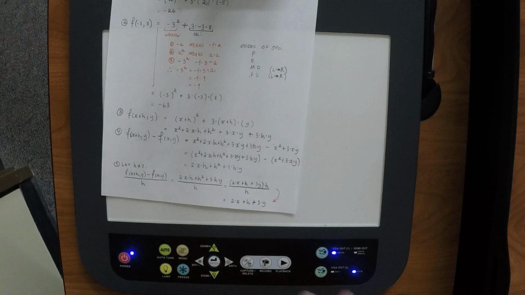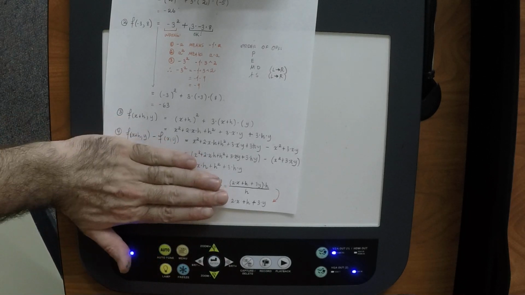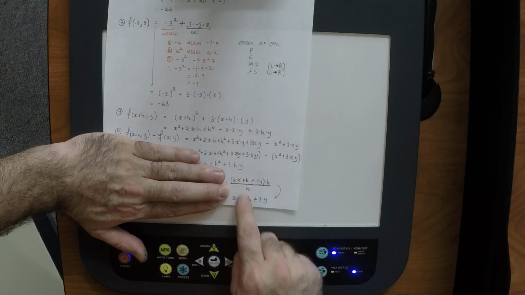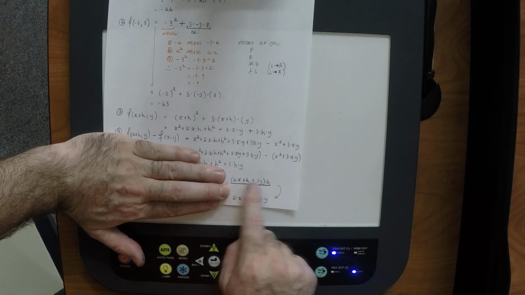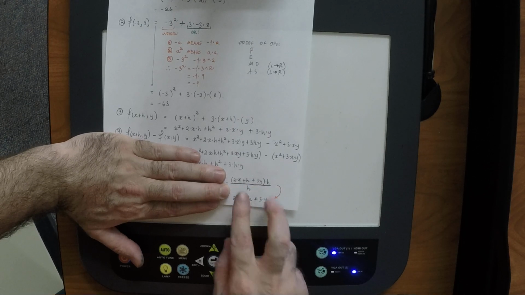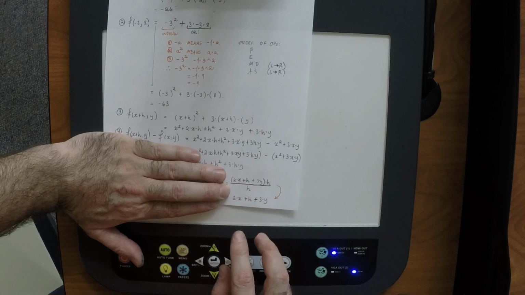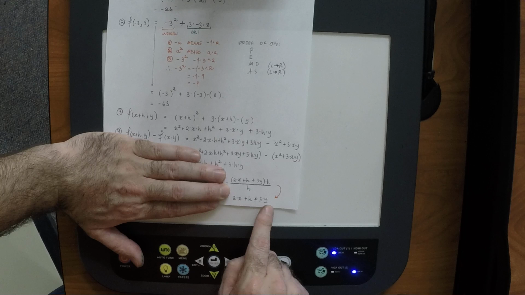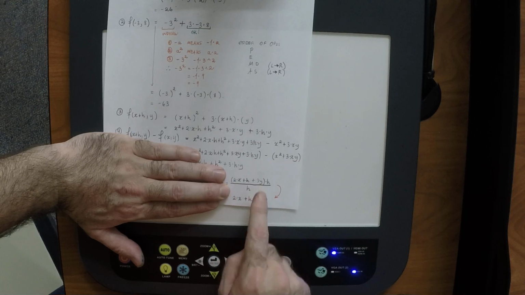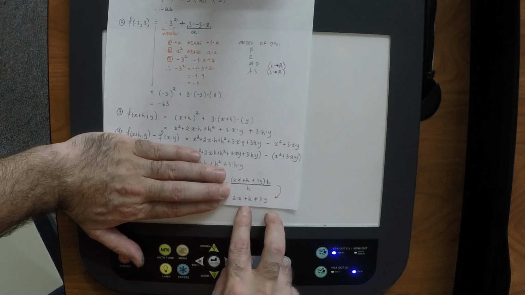Why is that a permitted step? Let's think about this for a moment. Let's ignore all the rest of the context and just look at these two, and I'll refer to them as the top and the bottom. Notice that the top and the bottom expression both have three symbols, x, h, and y.